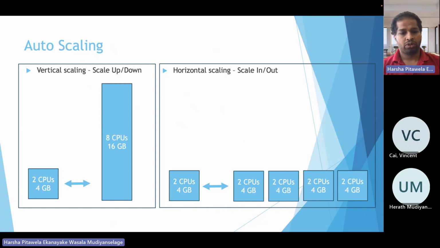One option is to host your application in a bigger instance. Instead of T2 micro, you can go to T2 extra large or T3, or there are several bigger sizes available, so you can move to one of those.